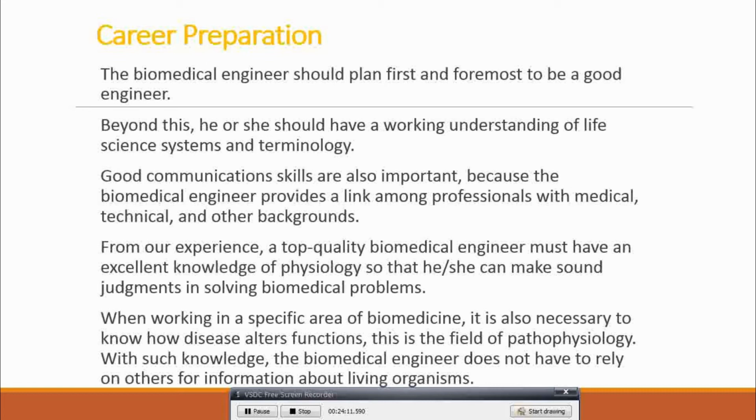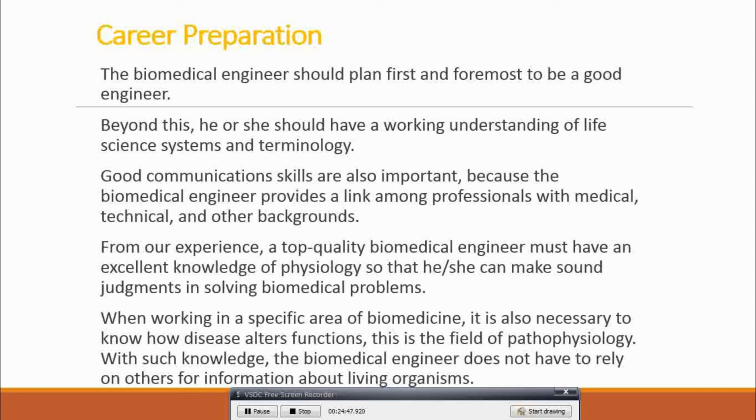Okay, next point that I think is quite important to cover, because since biomedical engineering application, this subject is one of the last subjects that you will be involved before you graduate. So we do also want to cover a little bit on the career preparation. For any engineers, biomedical engineers or electronic engineers or any engineers, first and foremost, we have to be good engineers, obviously.